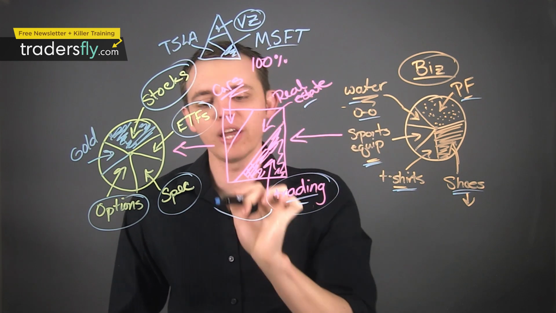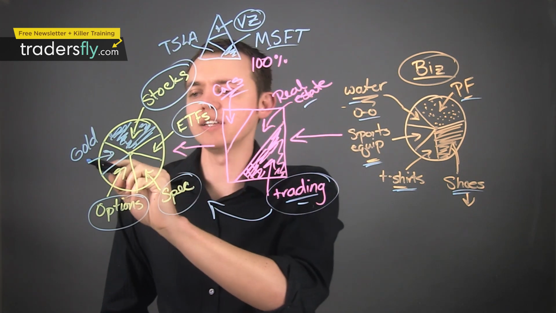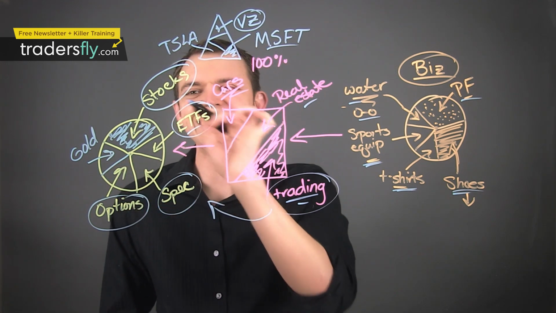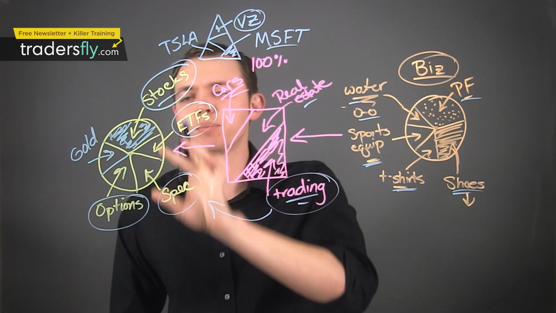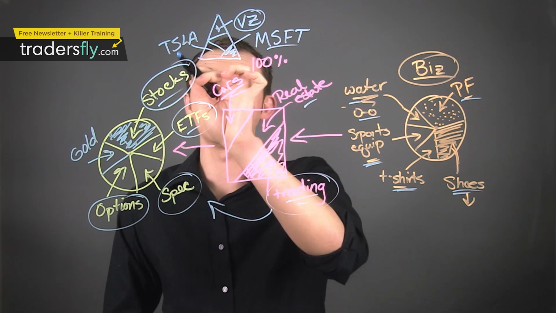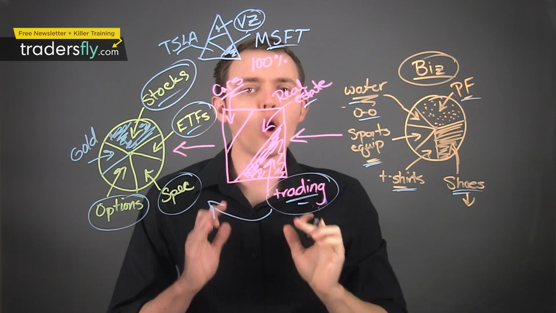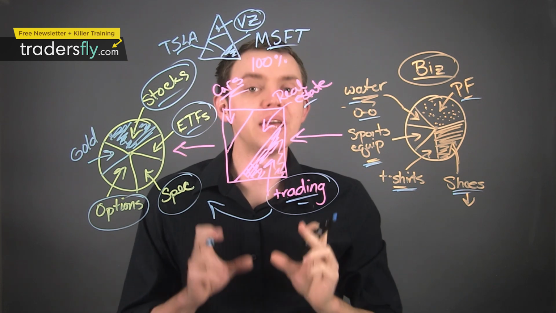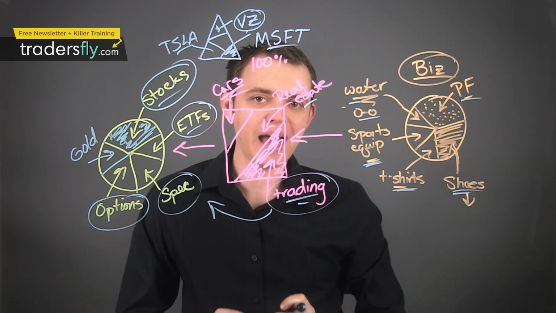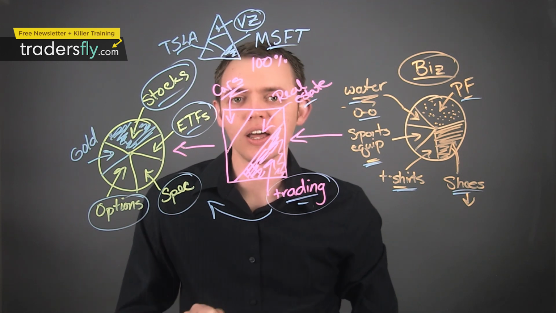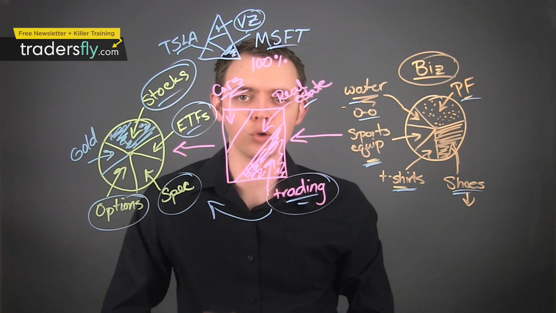And then if you take trading further, part of that portfolio could be gold, options, speculative plays, ETFs, stocks. And if you break any one of those down, then you can get into stock-specific areas. But it's really about lowering your risk and minimizing it, so that if anything major or catastrophic happens to one section, the other parts are there to hold you up.